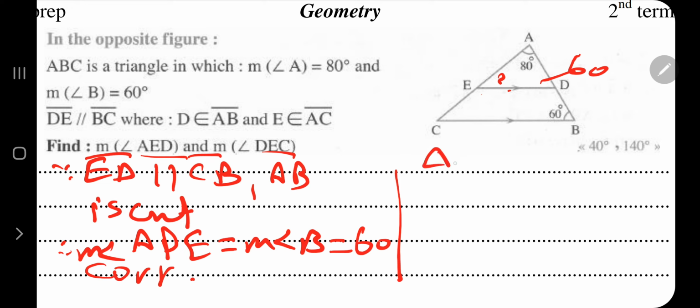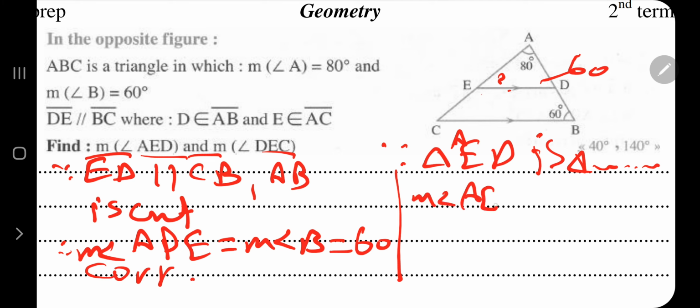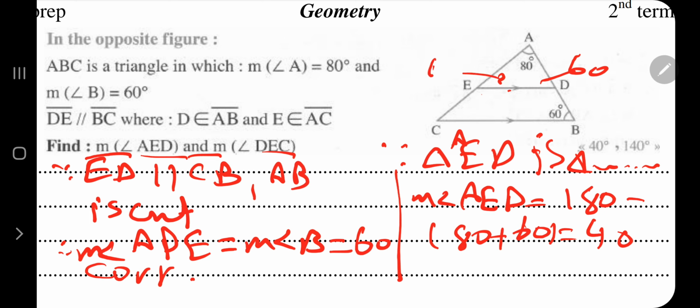Okay, since AED is a triangle, the sum of the measures of all angles equals 180. That means the measure of angle AED equals 180 minus 80 plus 60 equals 40. Here the angle equals 40.